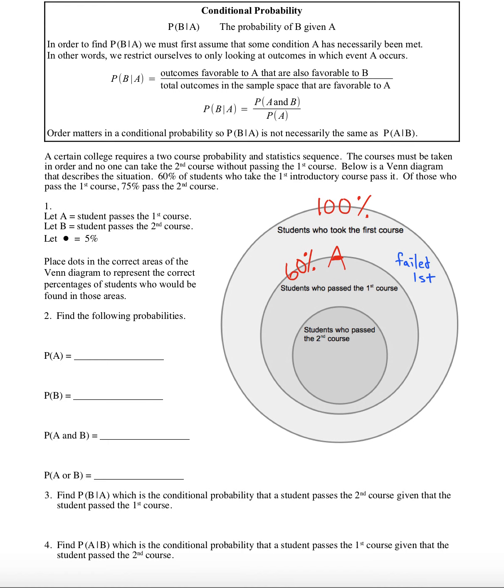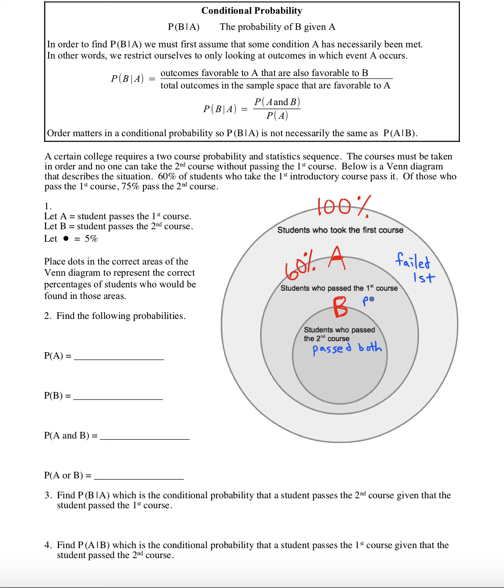And then there's one more event, B. That's a student passing the second course. That would be the very inner bubble. So what does it mean to be in the inner bubble? You passed both. What does it mean to be in that middle ring?